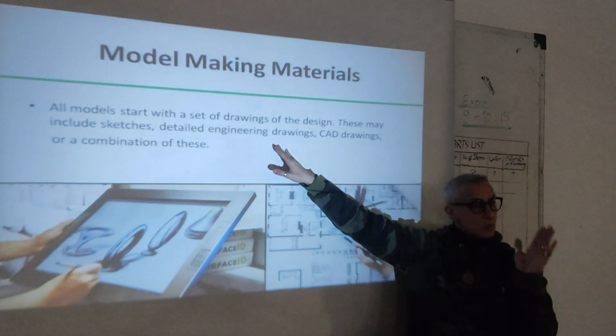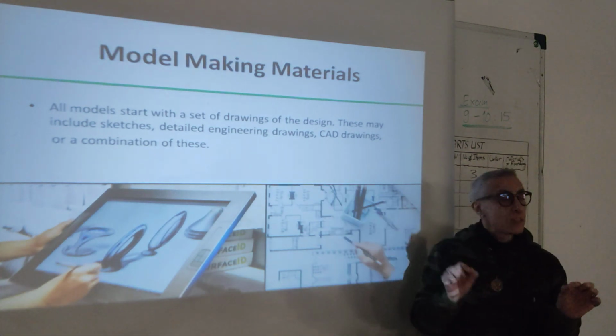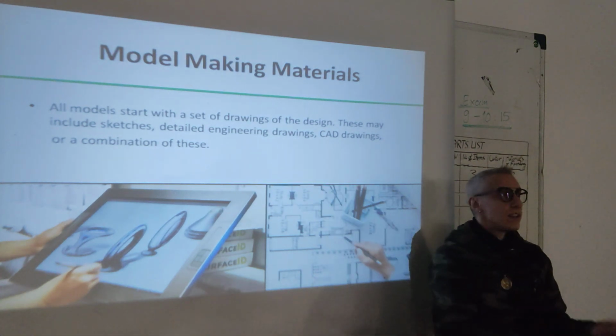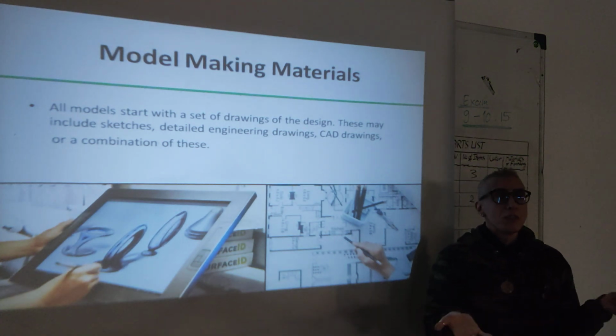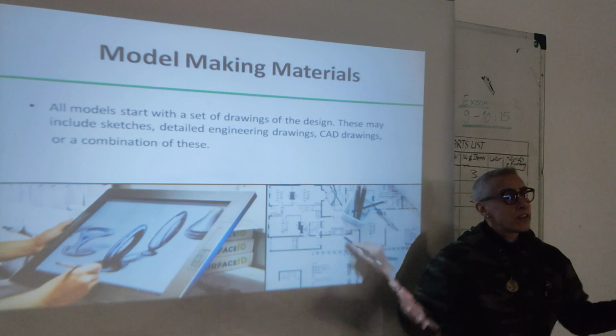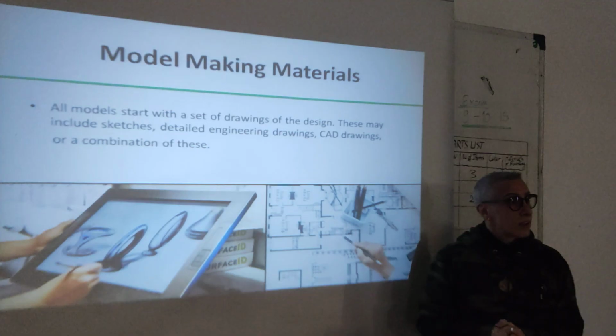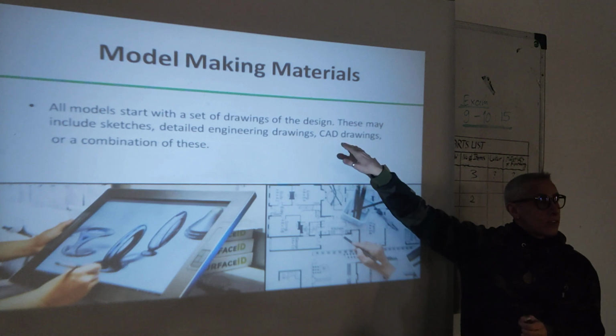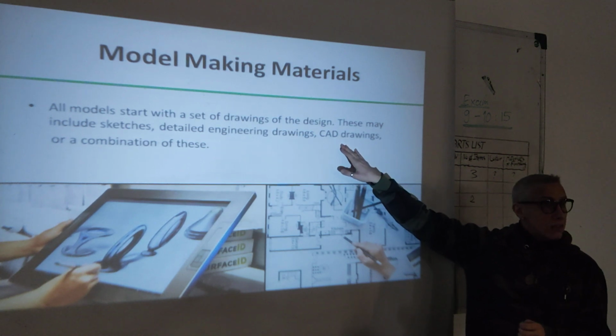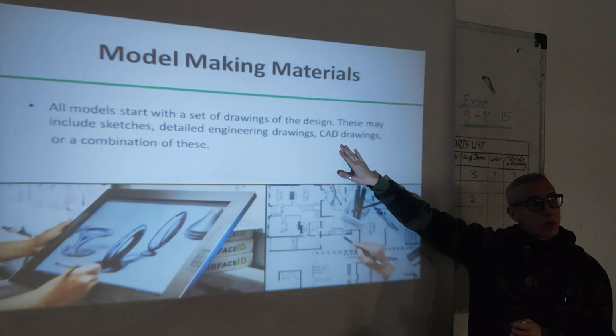So if I want to build something according to its correct size, according to scale, I need to have engineering drawings ready, which are what? The orthographic, multi-view, isometric, all of these, and other drawings that are necessary. Okay? CAD drawings are sometimes needed. These are done on AutoCAD, for example, or other 3D programs.